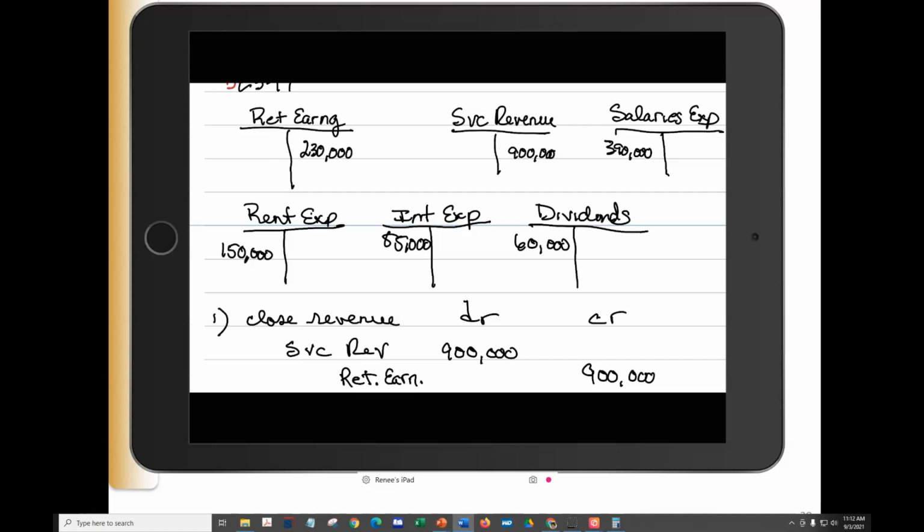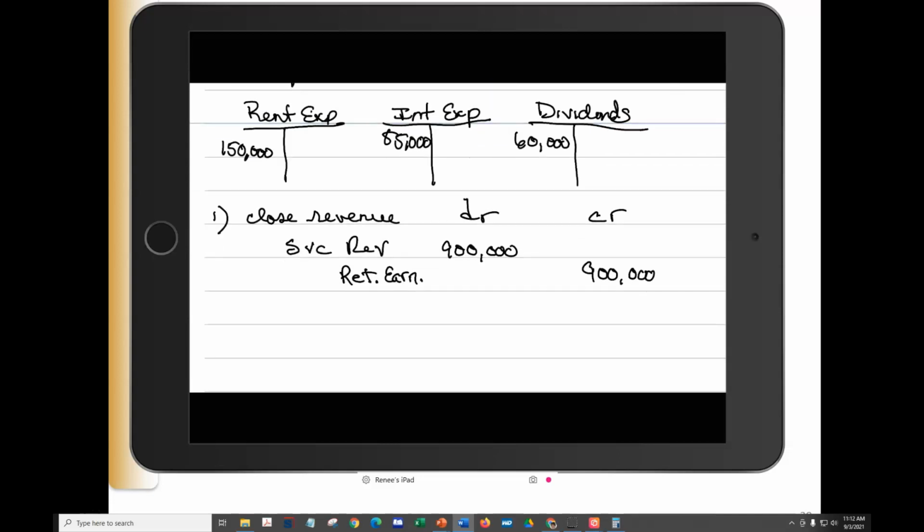Okay? Let's post that. Let me do it in red here. So 900,000. That makes that account zero. Let's do the next one. So number 2, close expenses.